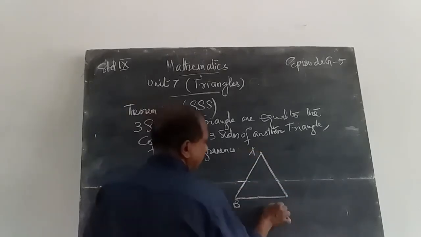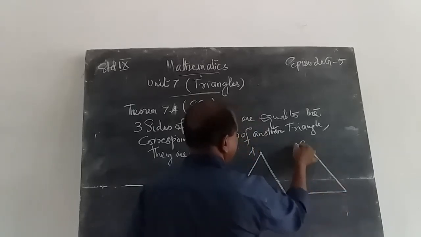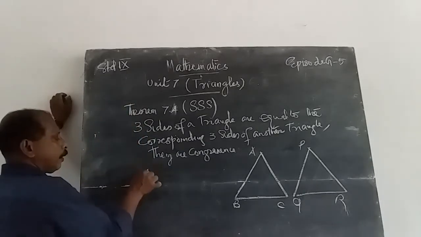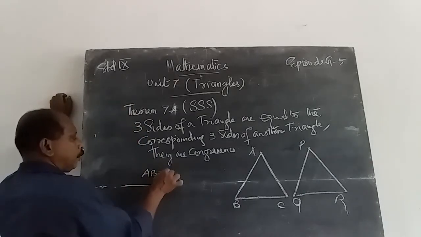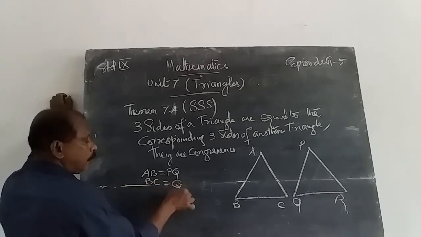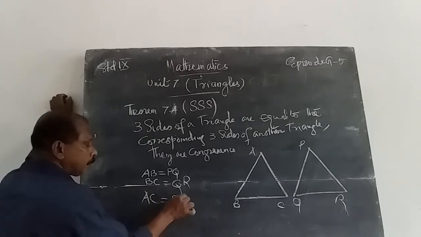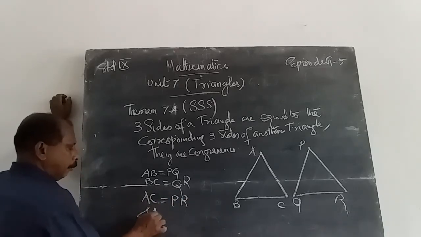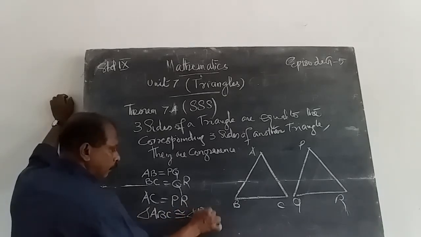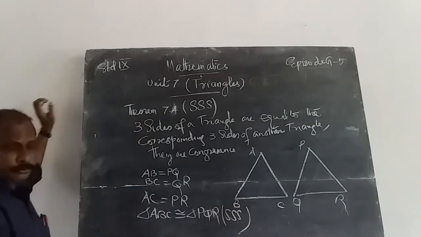The illustration is: triangle ABC, triangle PQR. AB is equal to PQ, BC is equal to QR, AC is equal to PR. Therefore, triangle ABC is congruent to triangle PQR. That is the SSS criteria of congruency.